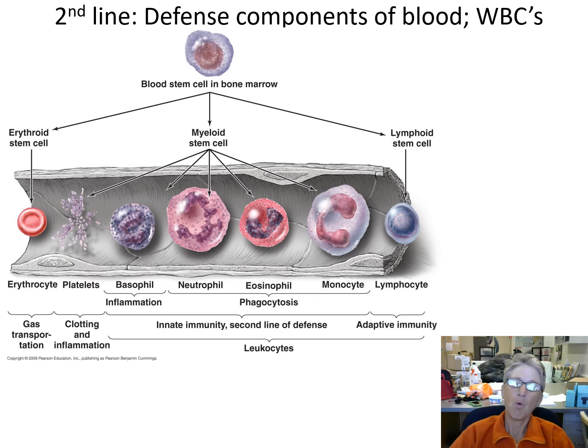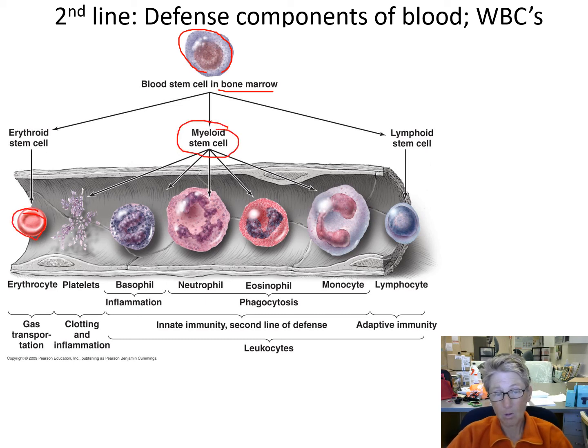Okay, more second line defense components of the blood, white blood cells. In your bone marrow, you have this blood stem cell that can make all your white blood cells and your red blood cells. So there's a stem cell that can make red blood cells, and there's a stem cell that can make all your white blood cells and your platelets. The white blood cells include basophils, neutrophils, eosinophils, monocytes, and lymphocytes.